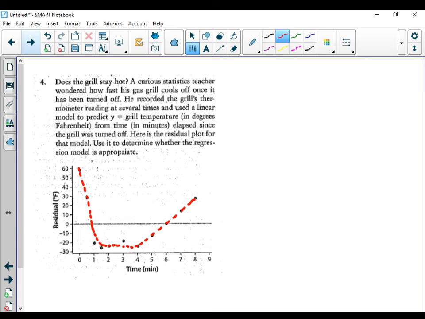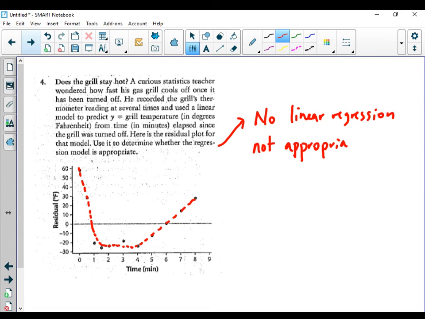Since I do have a predictable pattern, now my determination is no. The linear regression is not appropriate, and that's because the residual plot has a pattern. So it's kind of different than normal, because the pattern's not good in this one, because we don't want predictable errors.